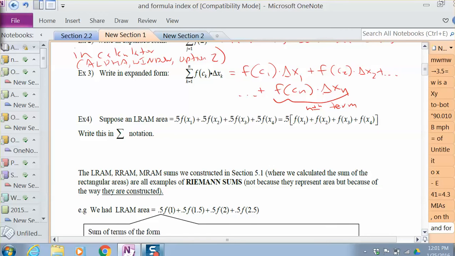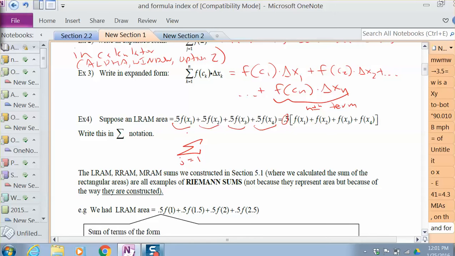So let's say we have an LRAM sum like this, and every single term here has 0.5 being multiplied, which we can factor out like that. So writing sigma notation, let's say we use j equals 1, our index of summation.